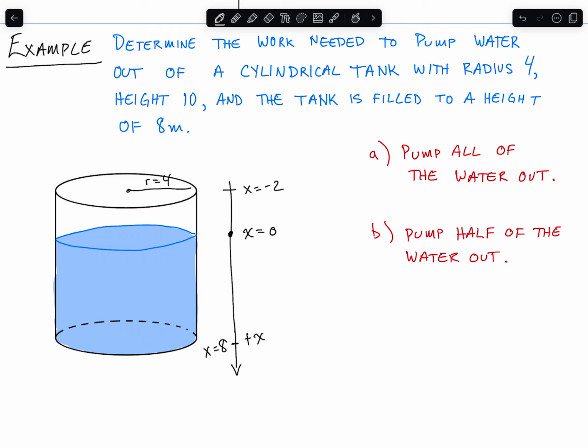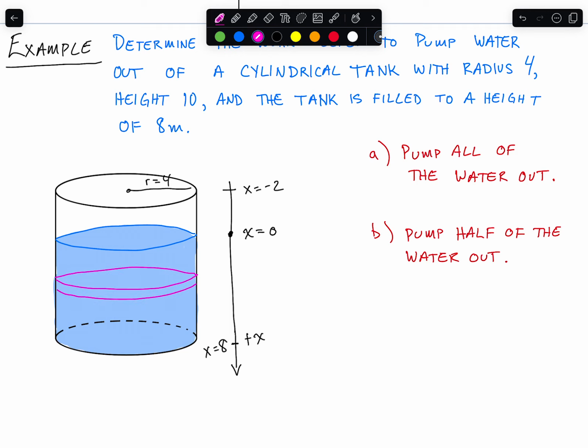Okay, so we need to figure out if we're at some slice of our water with some little thickness delta x, and that's at some height x, what's the distance that the water needs to move to get out? The water needs to start at x and be brought to x equals -2.